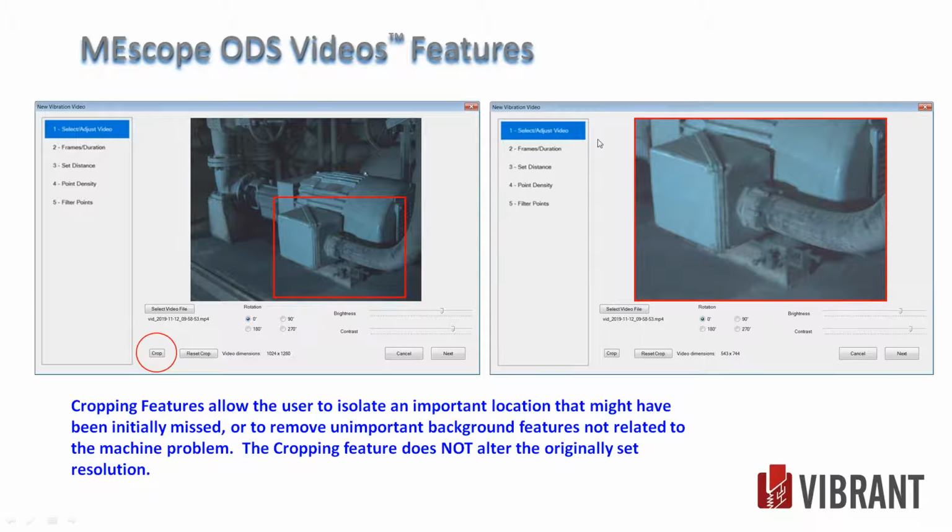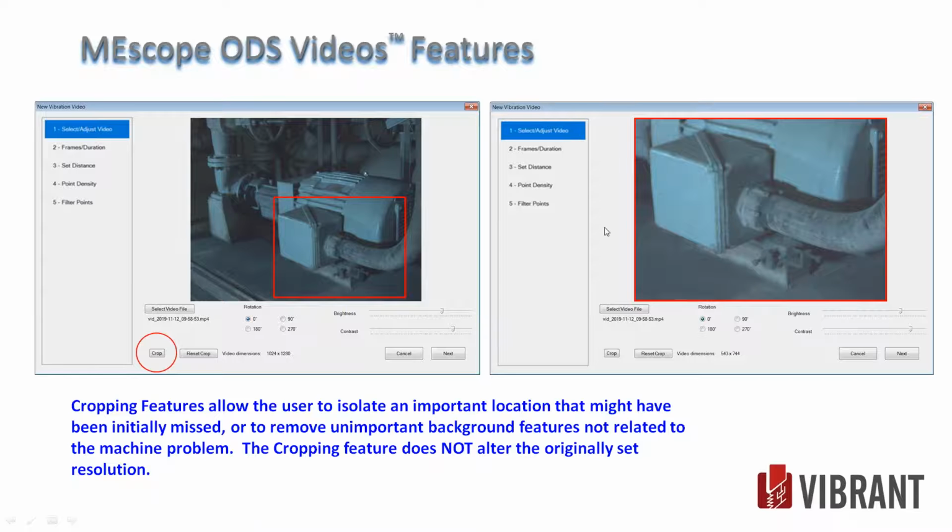What we'd rather do is go and take another video, zoom in on it with the camera where you get the entire video dimension pixel range in that area you're interested in. That would be the best way to handle it. Whenever I do a piece of equipment, I try to get an axial view, I try to get the horizontal view, I try to get a 3D, and I look at all the mounts because mounting foundation problems are real important.